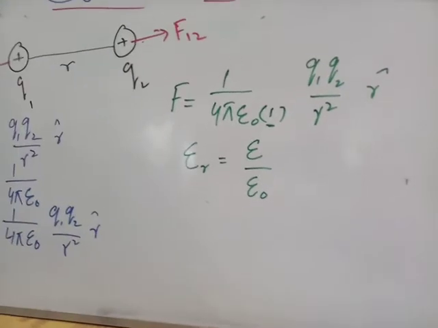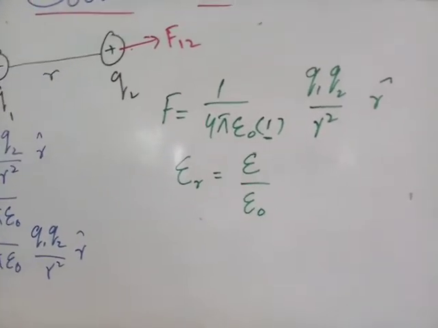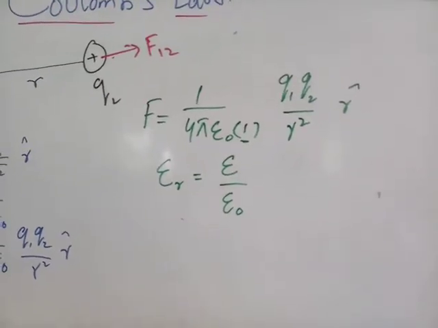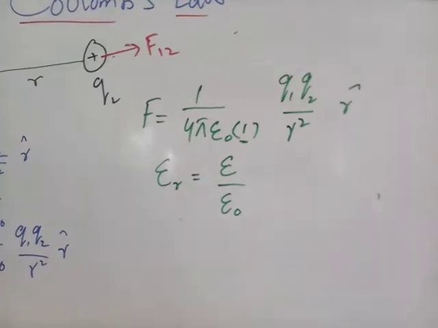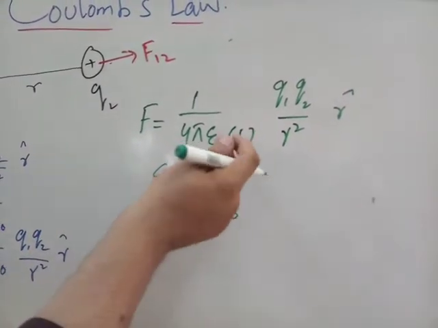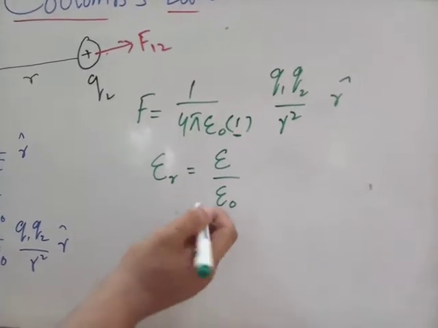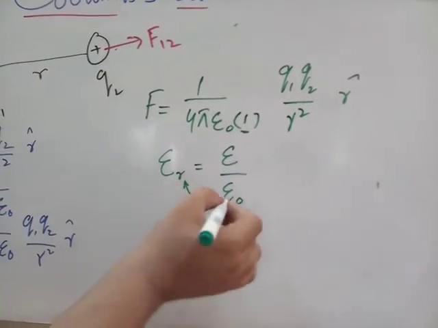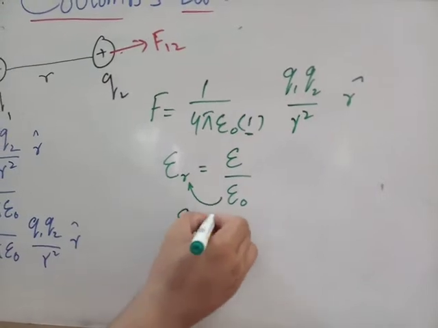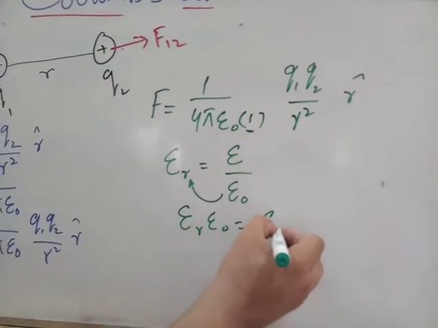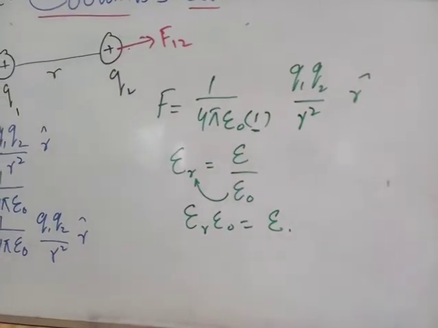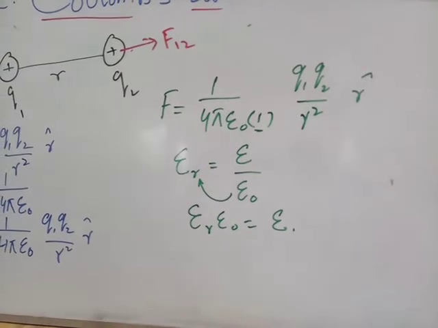This formula will be used. Here epsilon naught is the permittivity of free space, and epsilon is called the permittivity of the medium.